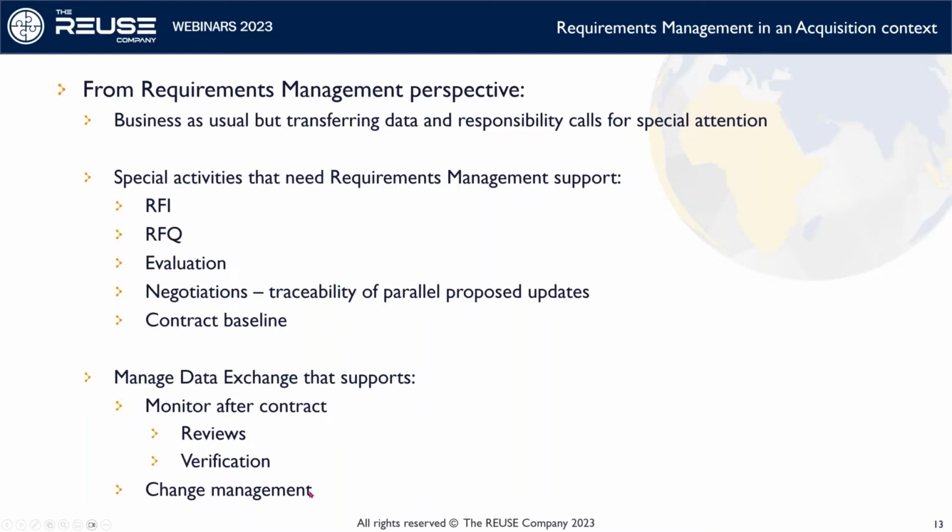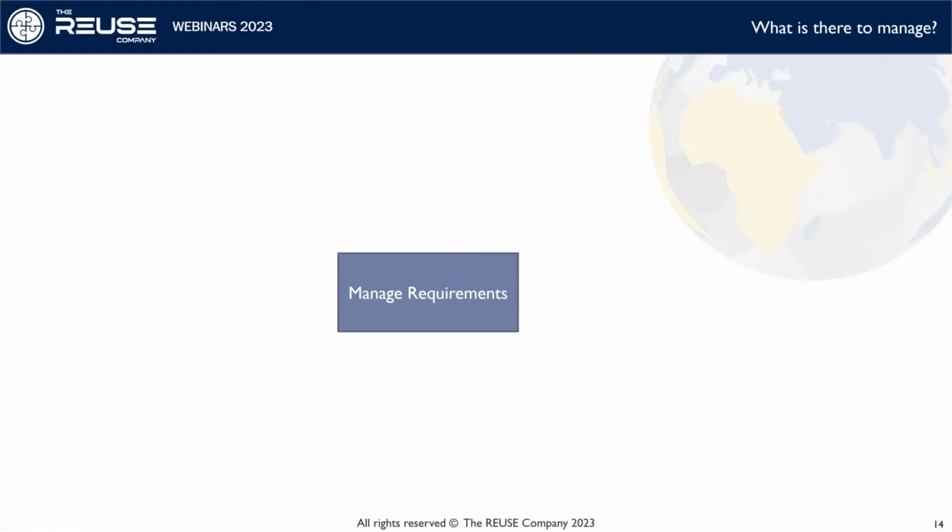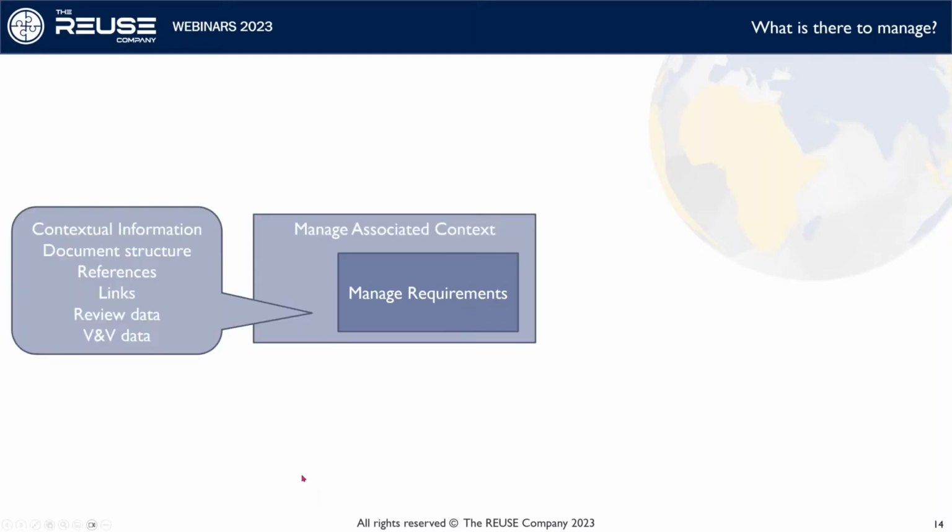Okay, so let's have a look at what data there is to manage. Well, I did mention that requirements are central, but they're not the only thing. The standard I was referring to mentioned the associated context. Typically, this could be all sorts of contextual information, document structure, which really translates a list of requirements to a requirement specification document.